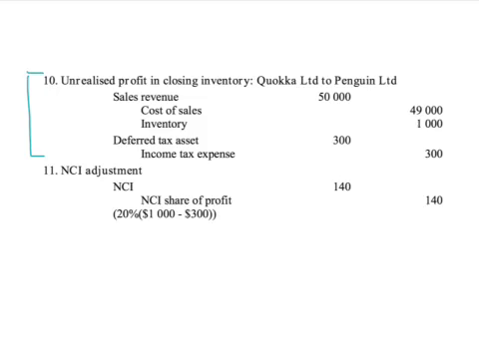So from a group perspective, the sale never occurred, so the cost of sale should also be reversed, and inventory should be reduced to get it back to the initial cost of the inventory from a group perspective. Because we adjust the carrying amount of an asset, we've got the deferred tax implication, raising a deferred tax asset.